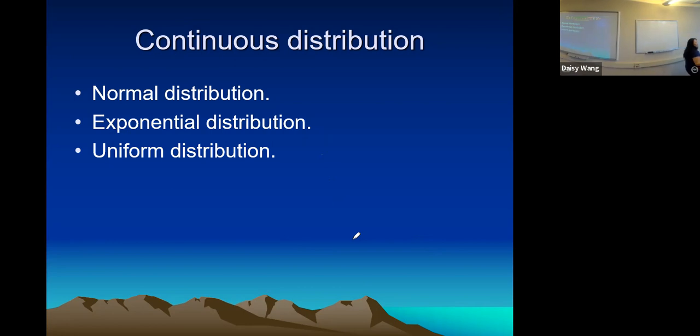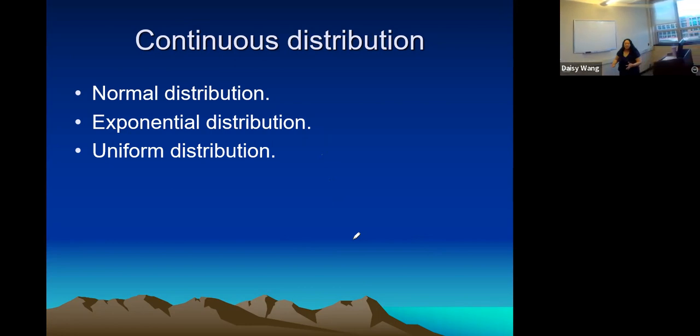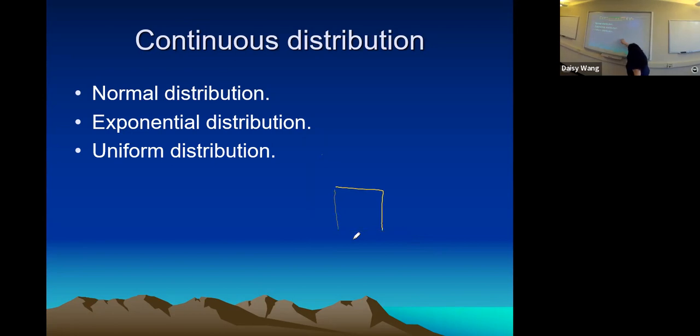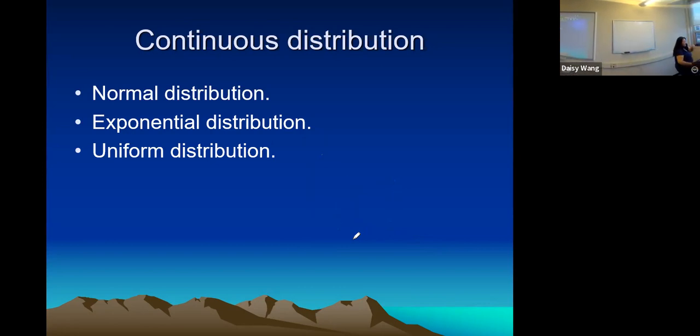Okay. And uniform is something like this, where it's the same probability within a certain range. Okay, we'll explain that later with the examples.